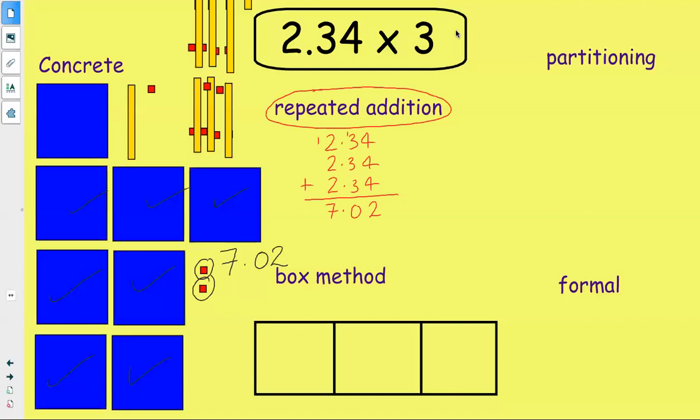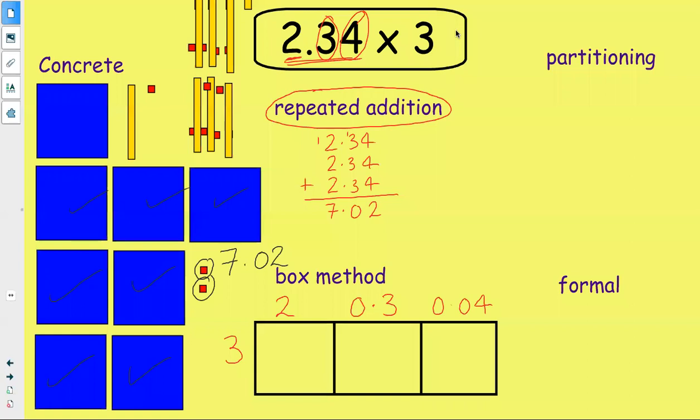Okay, the box method, I am going to partition really. It's very similar to the partition method, the 2.34 up. So I'm going to make this 2 whole numbers, I'm going to make this 0.3, and I'm going to make this 0.04. So 2 represents 2 wholes, the 3 represents 3 tenths, and the 4 represents 4 hundredths. I'm going to multiply each of them separately by 3.